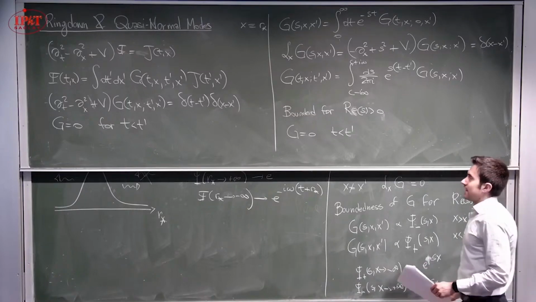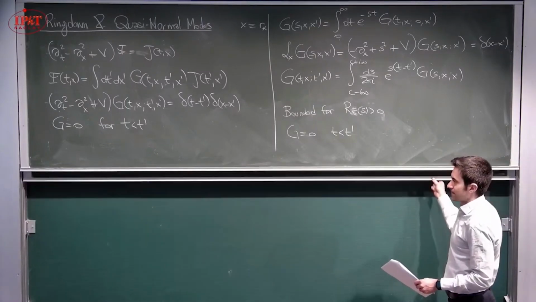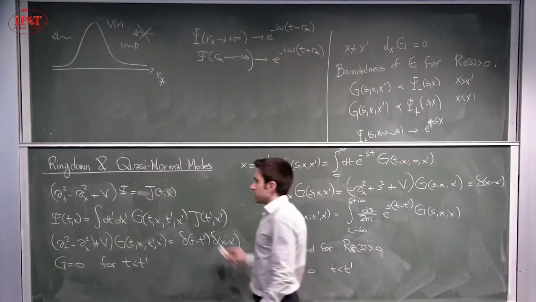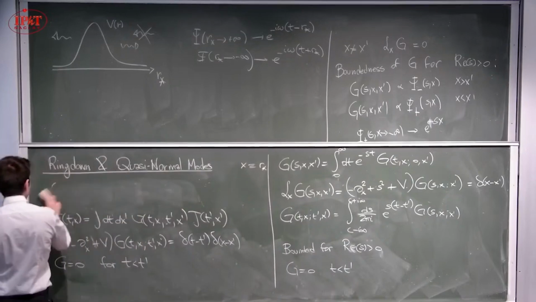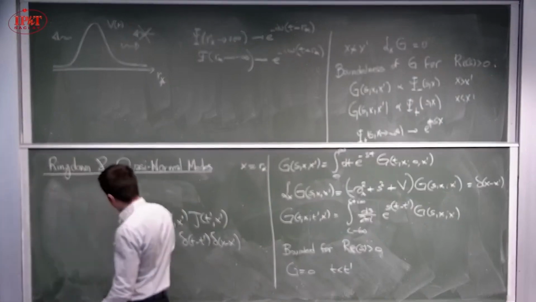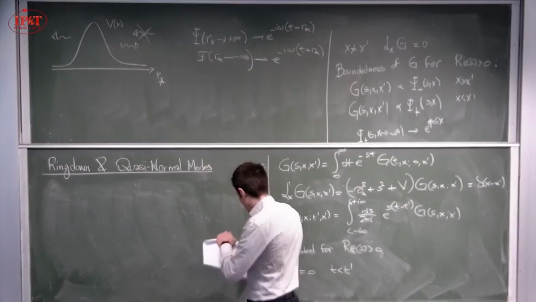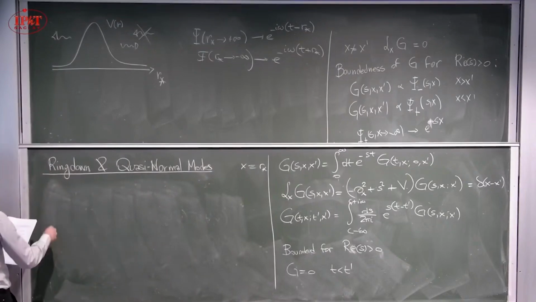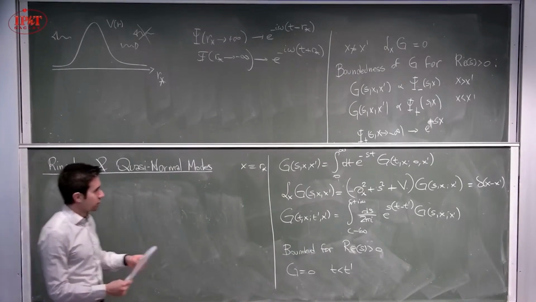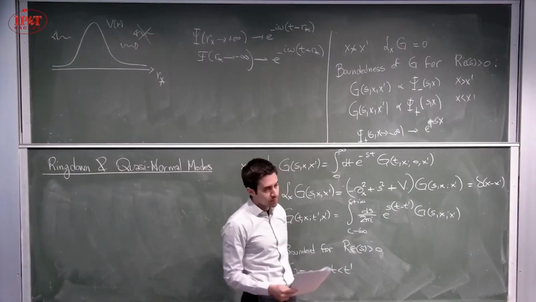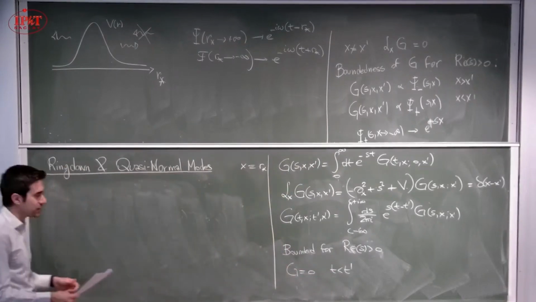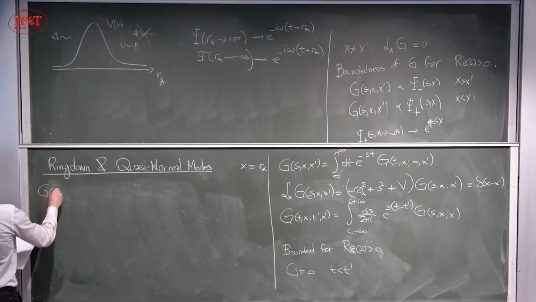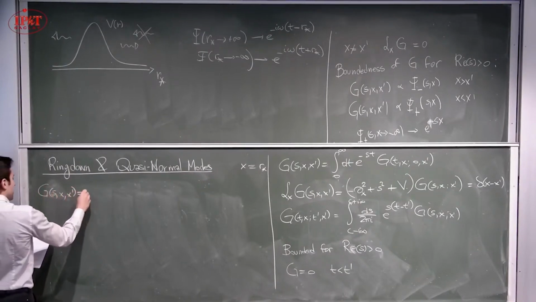Now we know how to proceed. Of course, we can write down the general solution. This is true for x different from x prime, so we just have to impose some continuity, some matching conditions at x equals x prime. So first, let's write this Green's function.